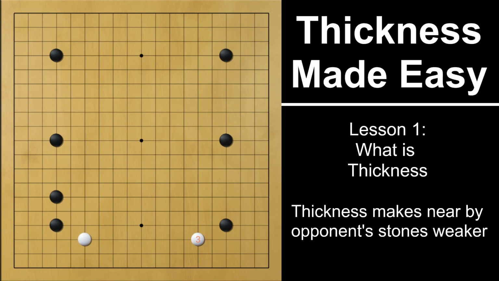And white approaches again. Black could keep playing something like this and allow white to get this, but if you don't really know how to use thickness, then there is always a chance that you don't know how to deal with this kind of thing, right?